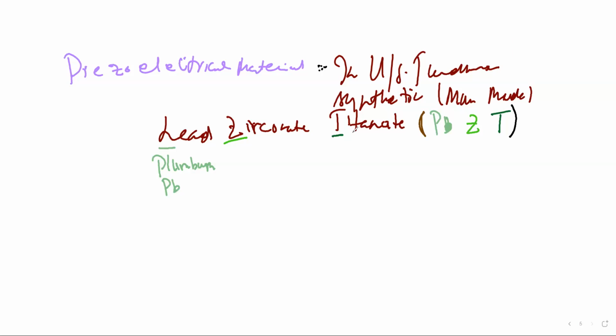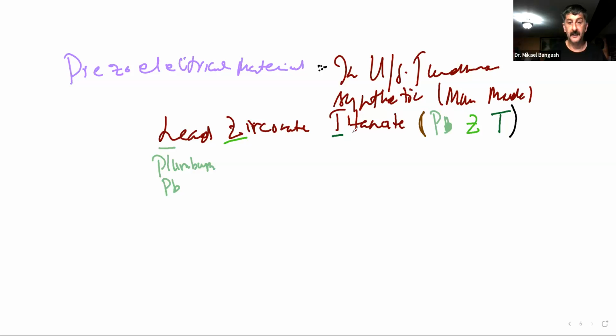Yes. Right, okay. But as we come across or talk about the piezoelectrical material in transducers, later on this may also be known as what we call an active element.